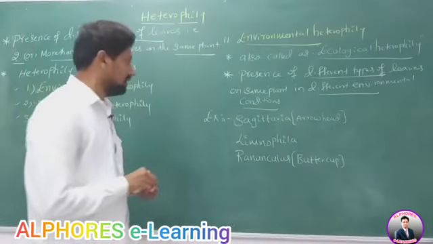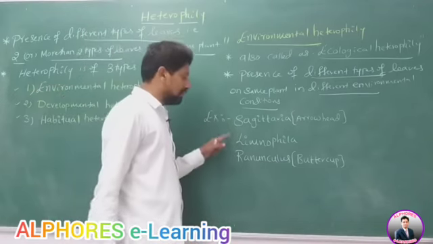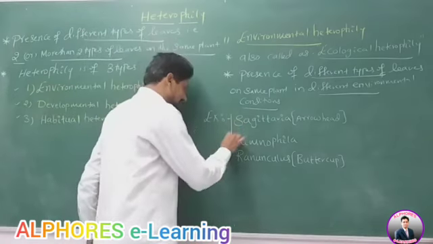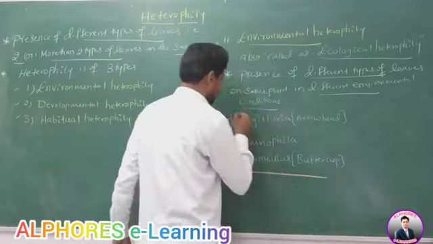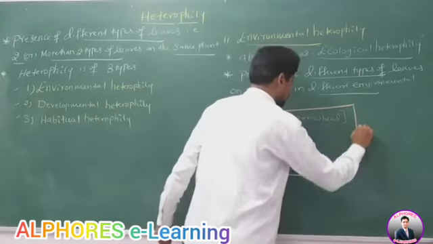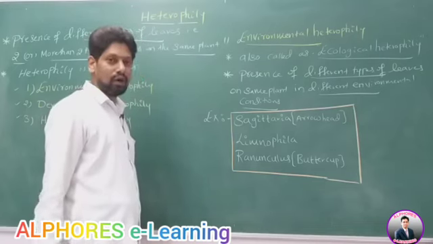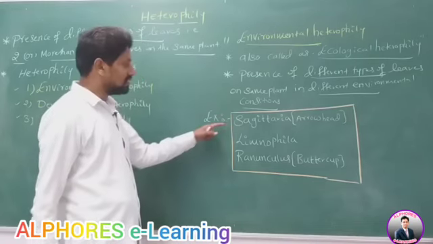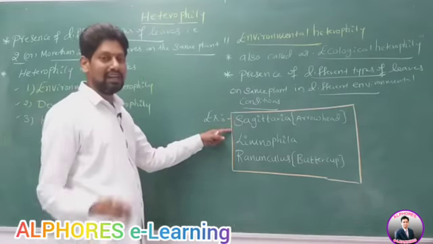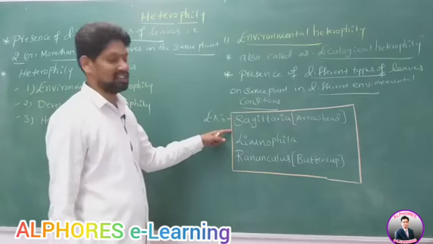Sir, these three, Sagittaria, Limnophila and Ranunculus, are hydrophytes. Hydrophytes are of how many types? Five types. These are amphibious plants.